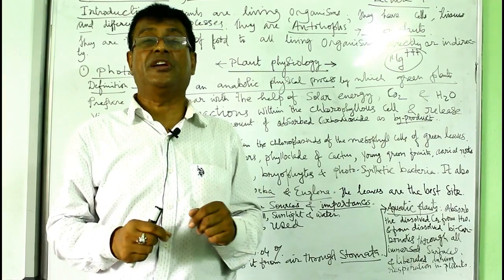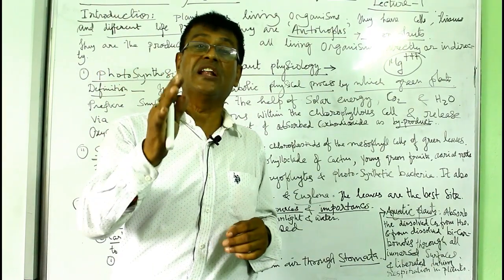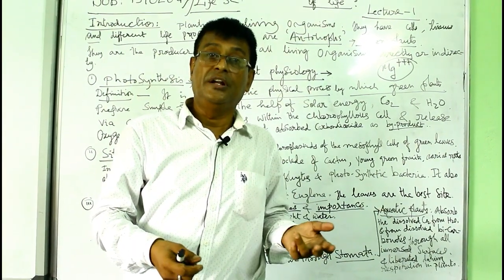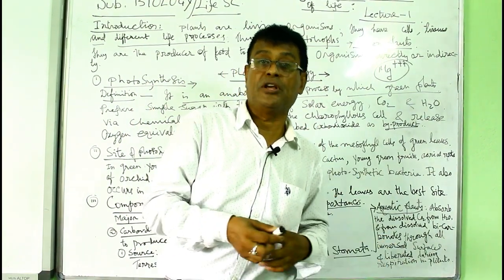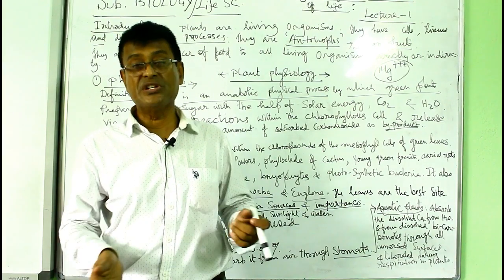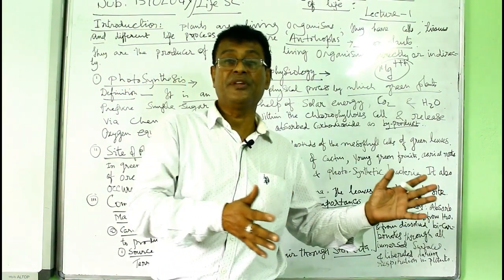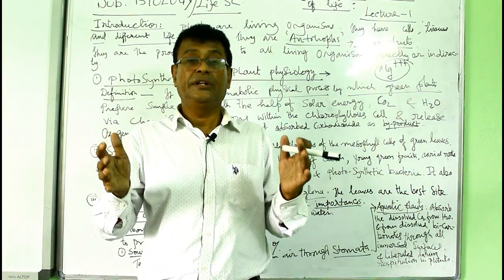Chlorophyll has a special characteristic that it can convert the sunlight into heat. Now you know every chemical reaction requires heat, because chemical equations go in two ways.